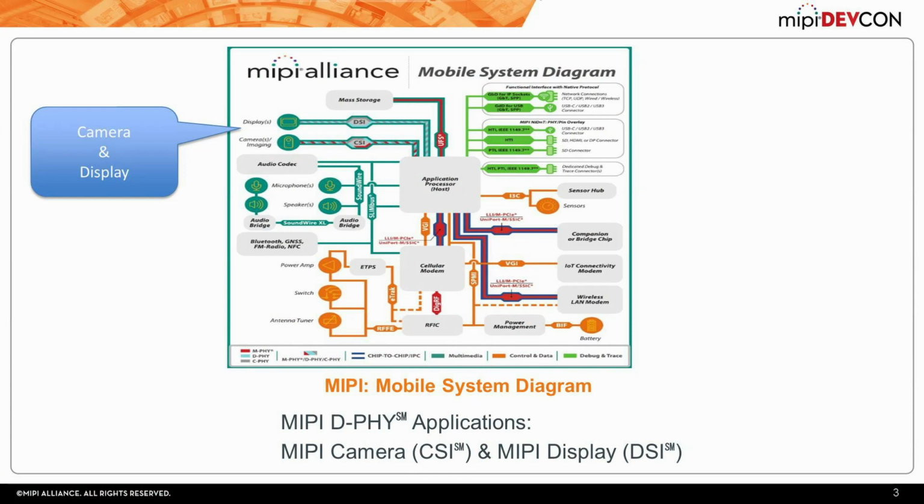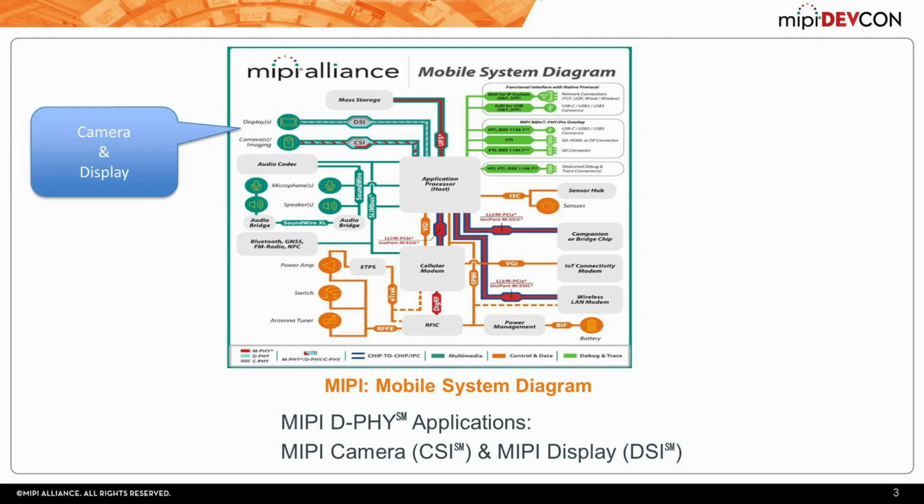Okay, this is the mobile system block diagram which highlights the various specifications from MIPI for various interfaces in a mobile terminal. For example, just to mention a few, MIPI has specifications for mass storage, audio codecs, and for RFIC.